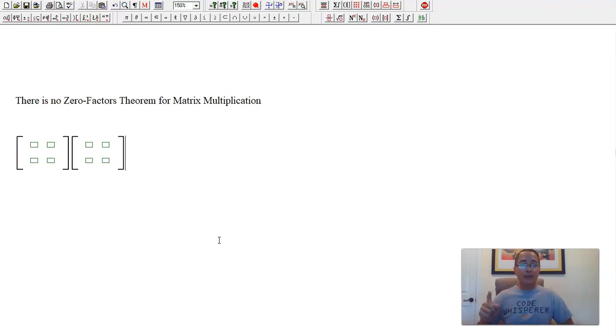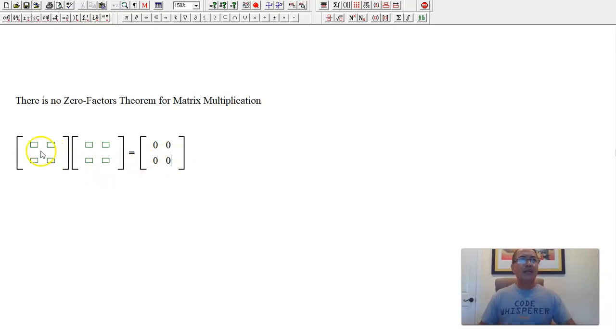Of course, let me also mention that the size of the product might not be the same as the size of the original zero matrix. So, what am I getting at here? You can multiply two matrices and get as the answer all zeros, but neither matrix on the left will be all zeros.